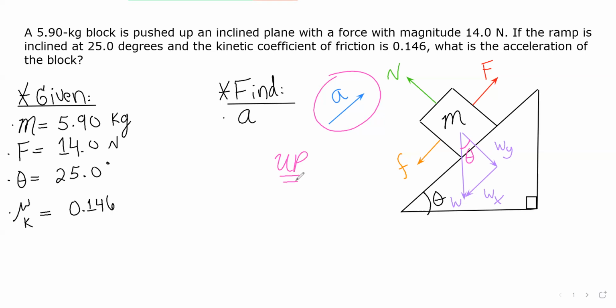If your velocity is negative, that means the block has to be moving down or left. And in this case, again, the negative acceleration could indicate that the block is moving up, but it's simply the case that it's slowing down.